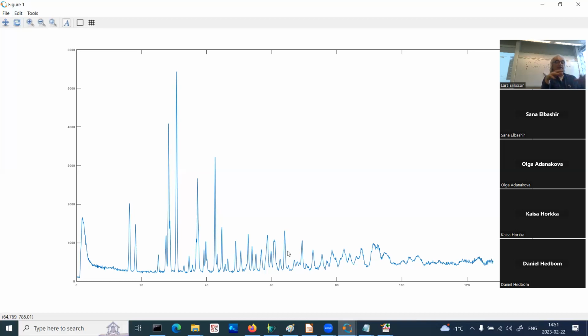It's easy to take an X-ray pattern at home, and then you go to a neutron source and take a pattern, especially if you work with hydrogen. Hydrogen and neutrons are friends, so to say. At least deuterium. And then you use both data sets. They should describe the same structure.